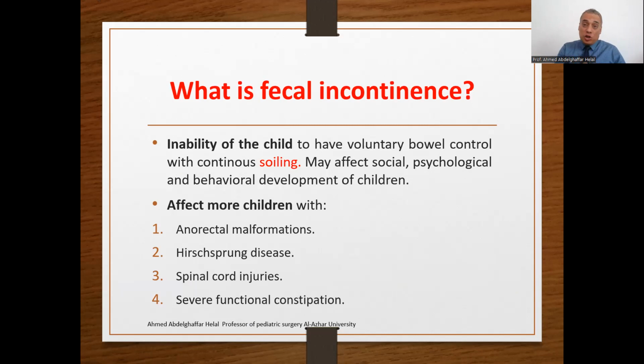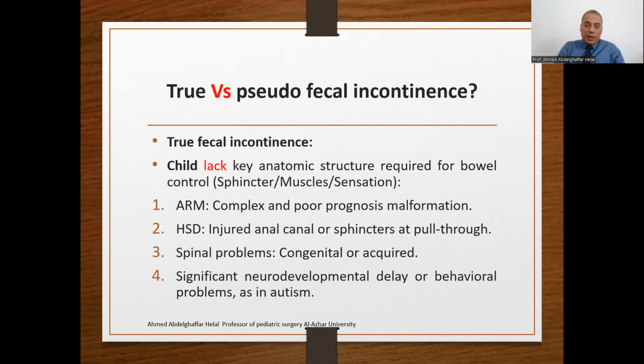This incontinence may affect the social, psychological, behavioral development of the child. Does it affect more children with anorectal malformation? Yes. Hirschsprung postoperative, spinal cord injuries, severe functional constipation. So this is a very important topic.